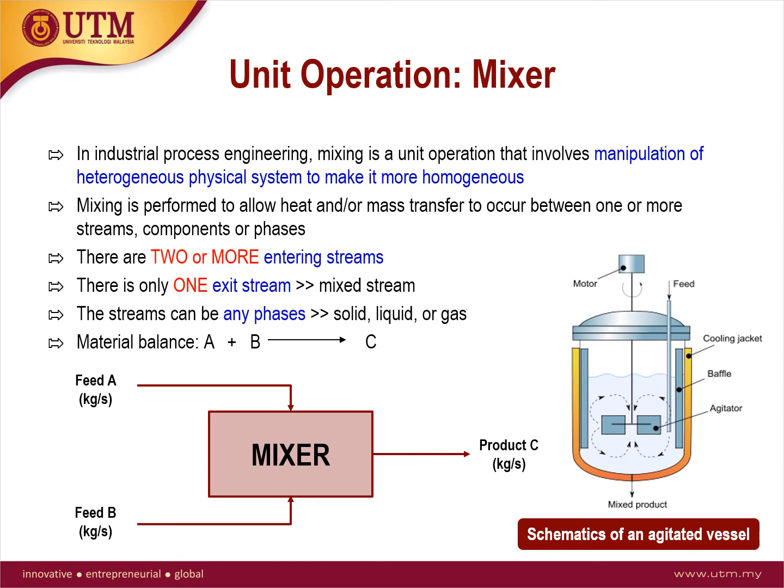At the same time, the cooling jacket is installed on the wall to maintain the temperature inside the mixture. So it is important for us to make sure that the condition of the mixture stays within the desired temperature, pressure, and phase.